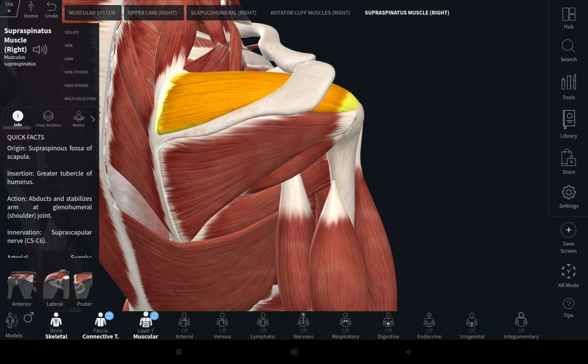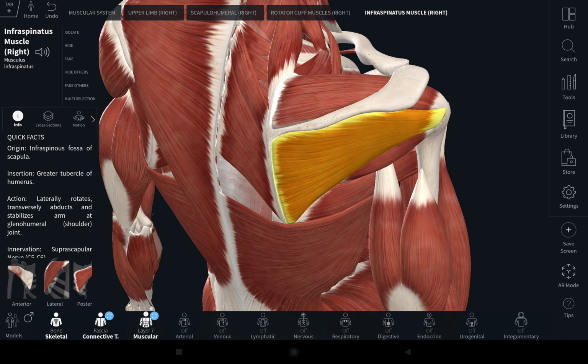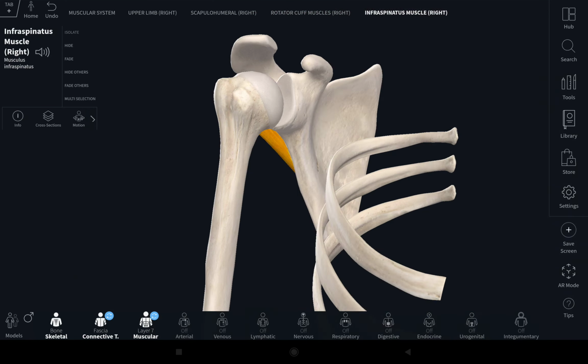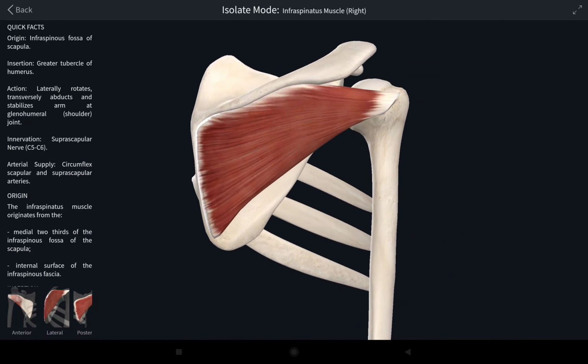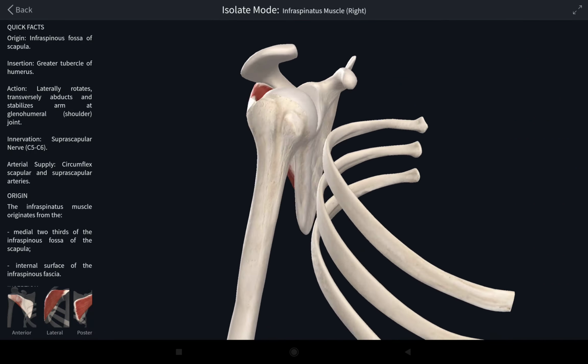Then the next muscle is the infraspinatus muscle, which arises from the infraspinous fossa and inserts into the greater tuberosity of the humerus. This is the infraspinatus muscle.